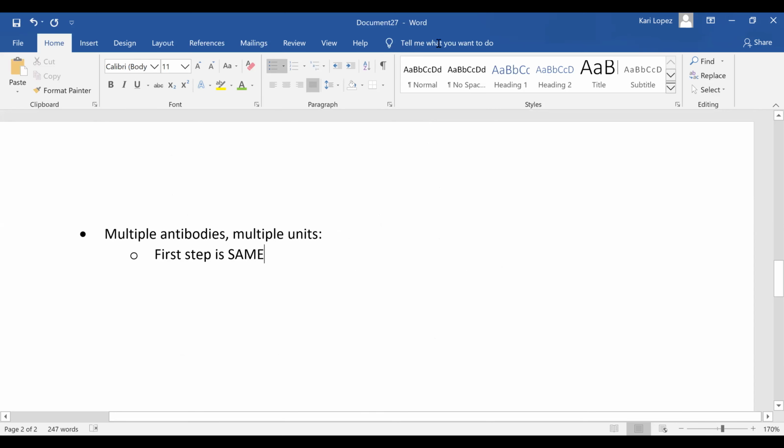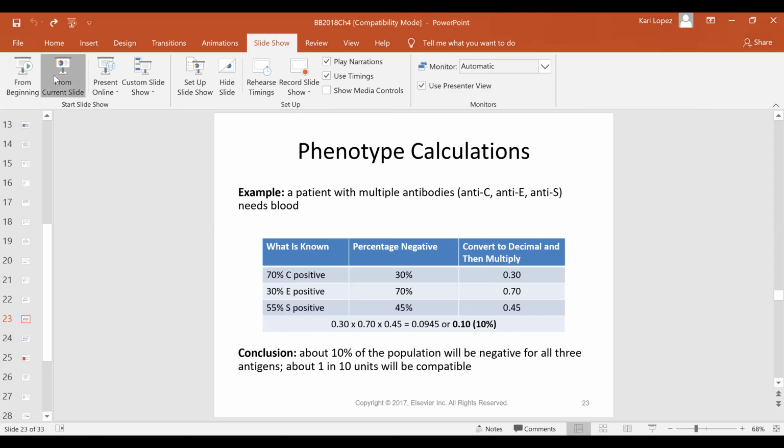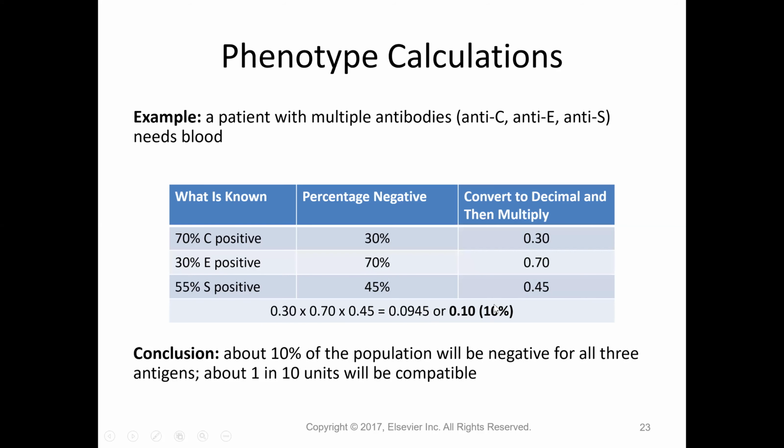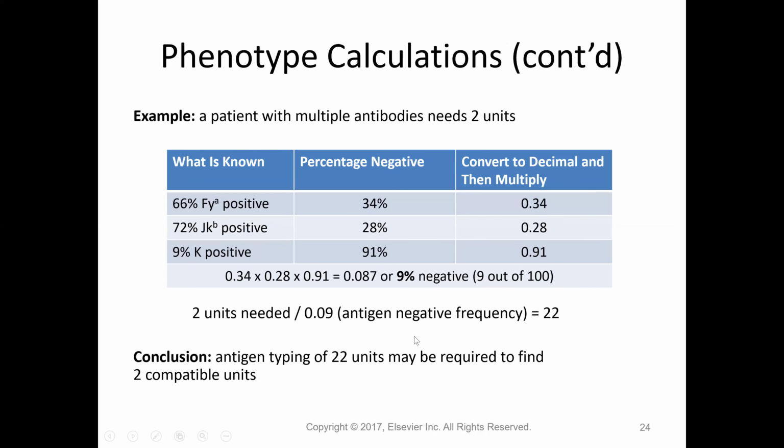And so we came out to, so our answer was 10%. Mm-hmm. Now we need to take it further. So here they use a completely different one altogether, but I want to do it for the one we just did. So this is a patient with multiple antibodies and they need 2 units of blood.